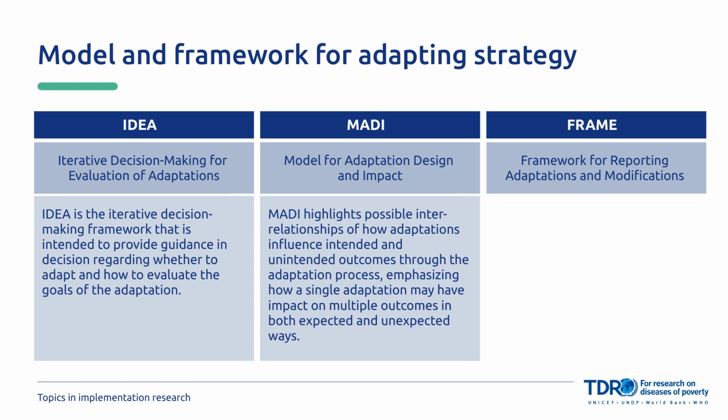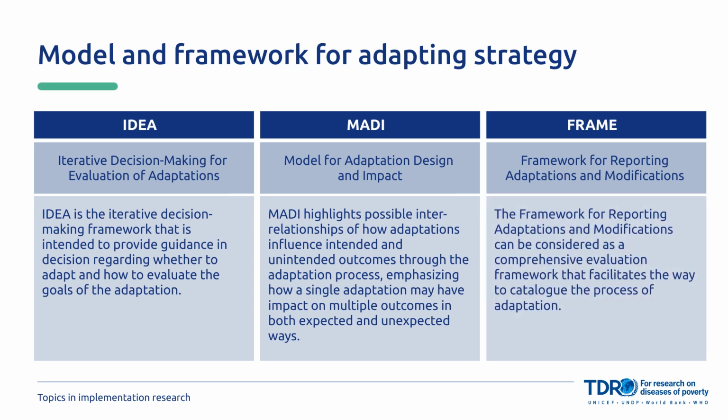MADI specifically identifies the characteristics of adaptations, their intended and unintended impacts, and the potential mediators and moderators that influence the adaptation's effects on outcomes. By examining these factors, MADI offers insights into how adaptations can shape the overall impact of interventions, providing valuable guidance for adaptation efforts.